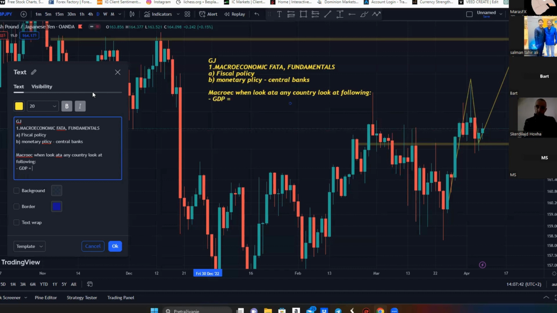Salman, tell me, I asked you last time, what are the four main components of GDP? Interest rate, government spending, net exports, consumer spending. Yes, and investments.